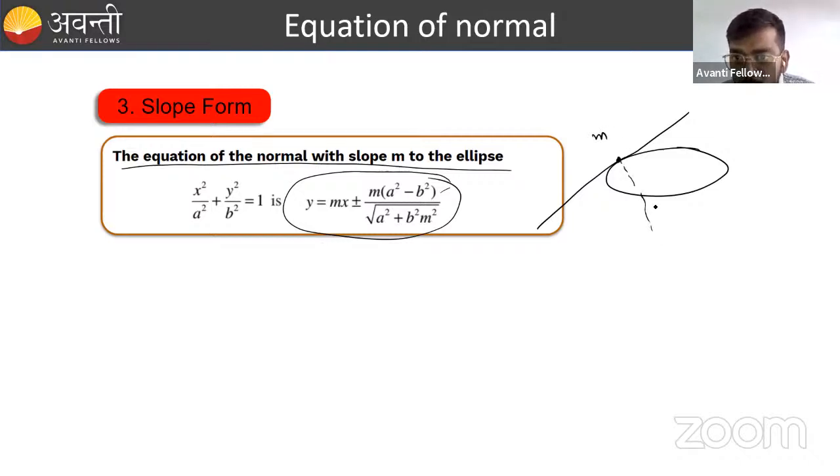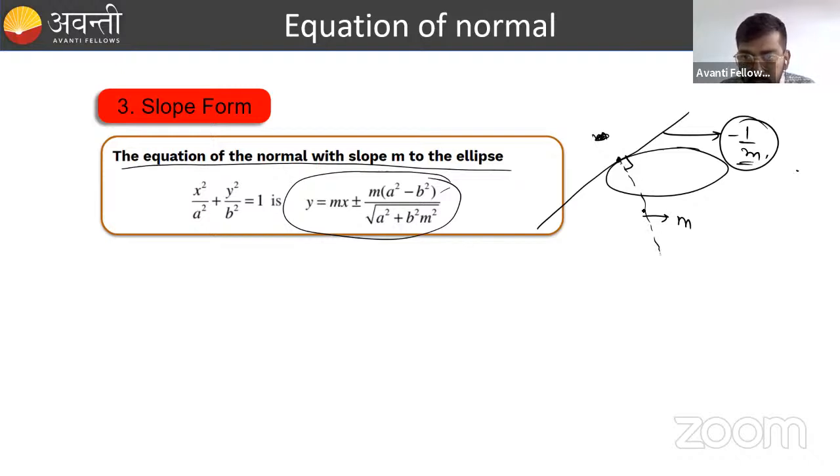Now this equation is defined for the normal where the slope of this normal is given by m. So what will be the slope of this tangent? It will become minus 1 by m, right? So this will become minus 1 by m, correct? Yeah.